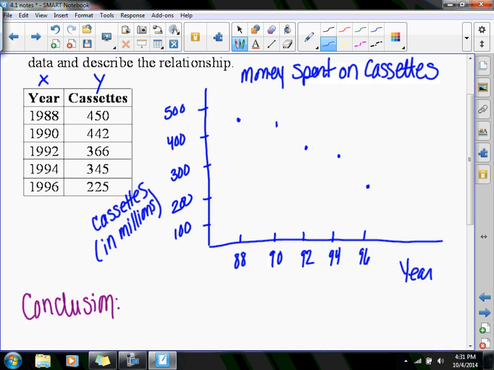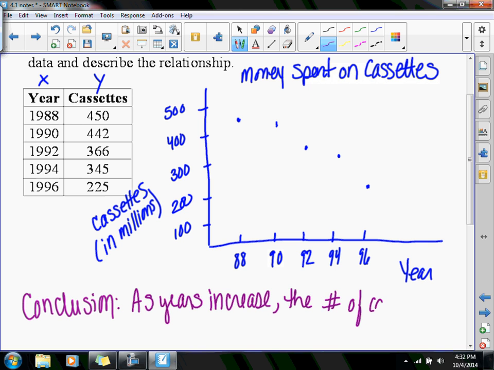Well, hopefully you've noticed that as the time increases, the amount of cassettes being sold decreases. So we would write that in a sentence. As the years increase, the number of cassettes sold decreases.